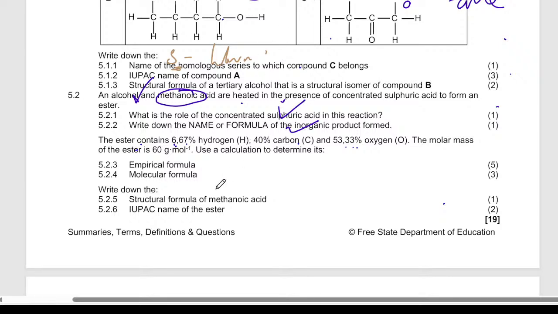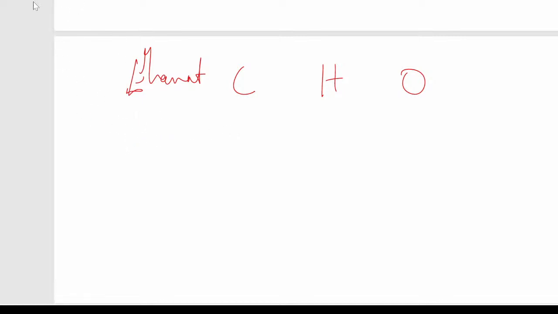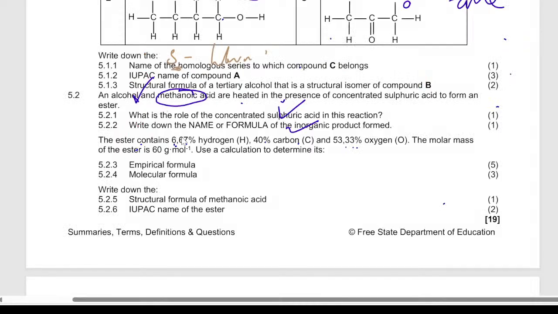I'm going to write the elements: carbon, hydrogen, oxygen. So they're giving the percentage mass for carbon, which is 40.